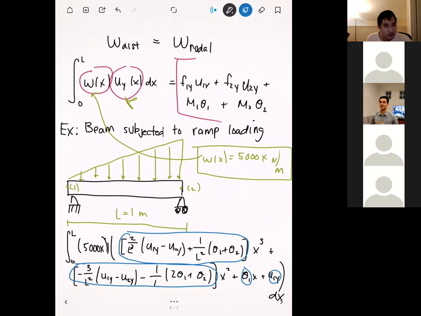So to save yourself, and me, some sanity from having to write this out, let's replace these with arbitrary constants for now. At the end, we'll plug back in for them because we need them to solve for the actual nodal values. But when we're performing the integral, we don't need them yet.